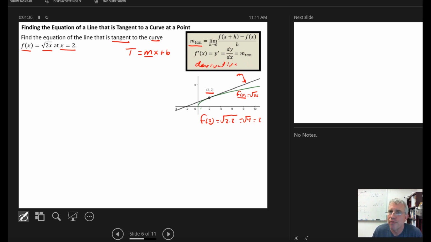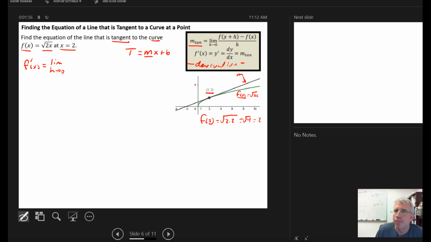To find the slope of the tangent line, we need to know the derivative of f of x. So we're going to find the derivative f prime of x by taking the limit as h goes to 0 of the difference quotient applied to f of x.